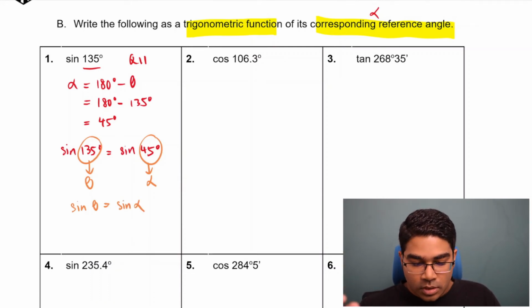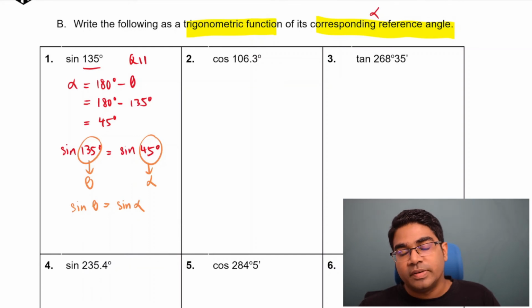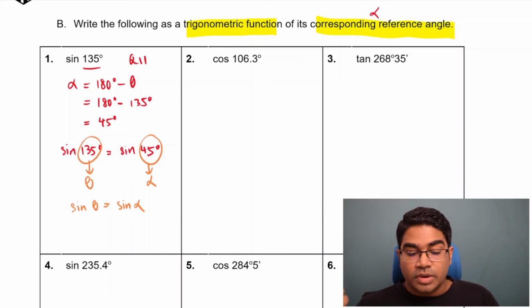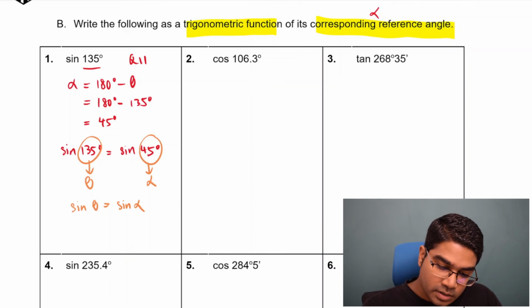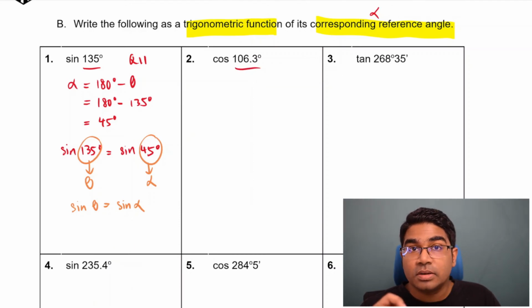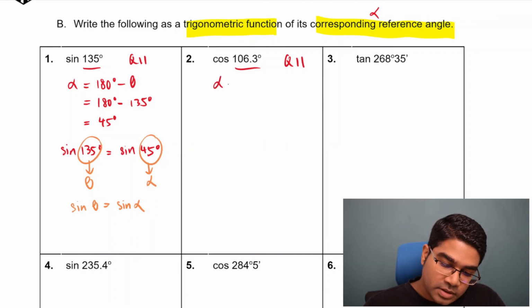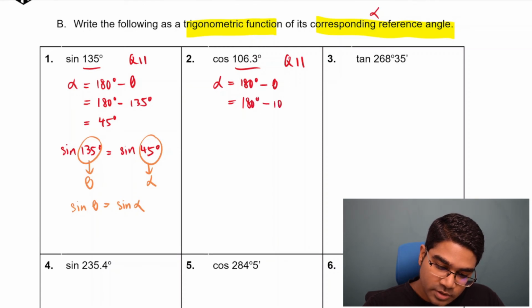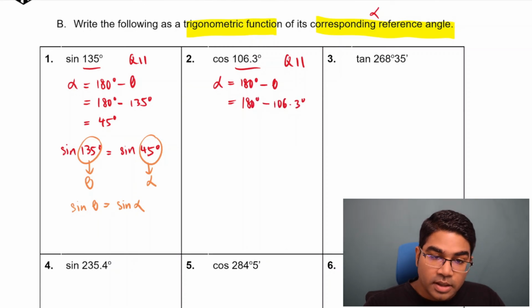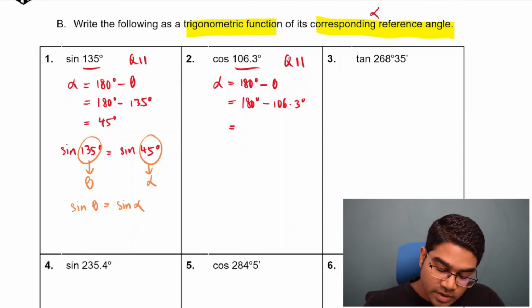Let's try number 2, cos 106.3 degrees. So cosine 106.3 degrees, first we look for alpha. 106.3 degrees also lies in the second quadrant. So we are looking at Q2 again. Alpha is still equal to 180 degrees minus theta, which is 180 degrees minus 106.3 degrees. And the answer you will get here is 73.7 degrees.